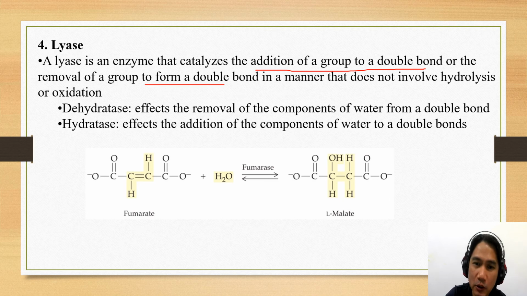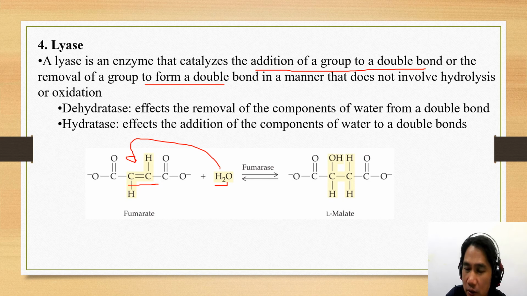For example, you have here fumarate. The functional group we want to consider is the double bond, so this is unsaturated. When water is added to the double bond, you will form a secondary alcohol.